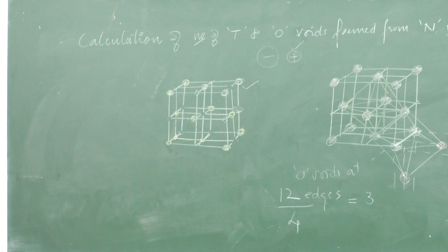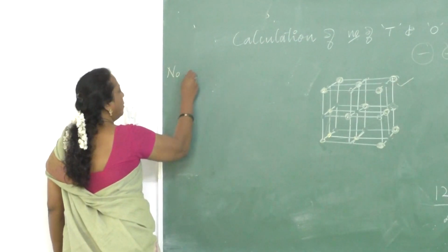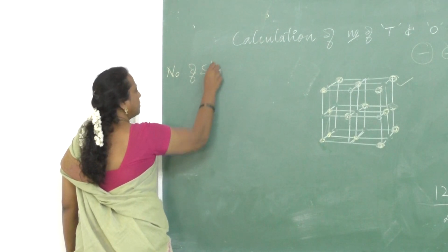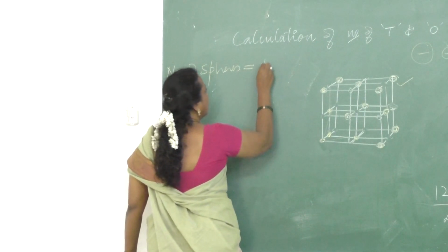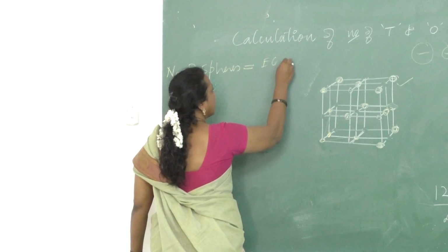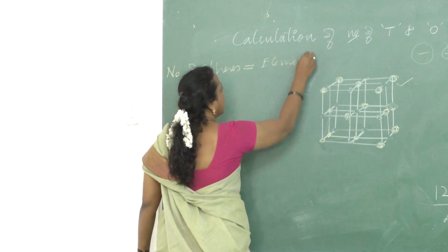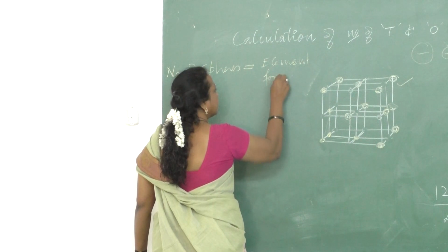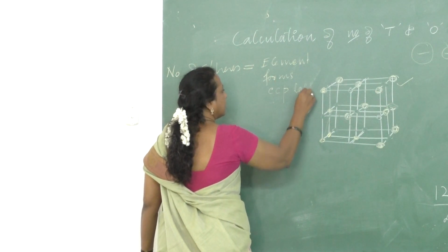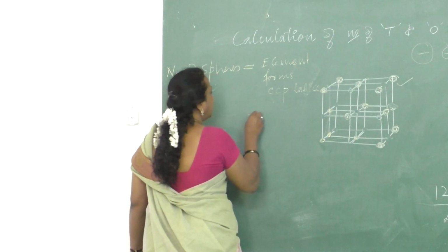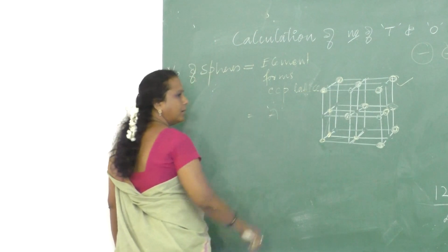Okay, now let us see how to calculate the formula. Number of spheres is equal to the element which forms the CCP lattice, that is A, right?